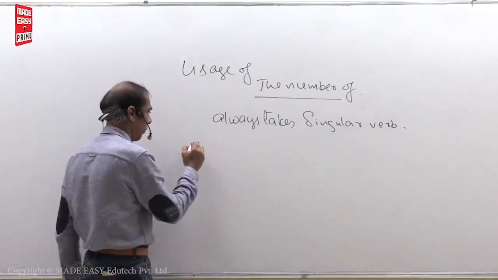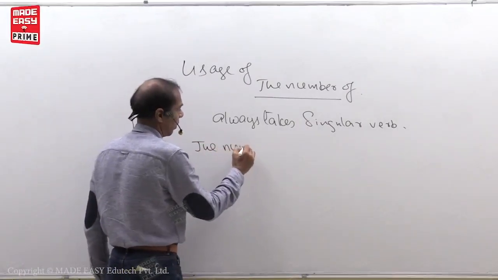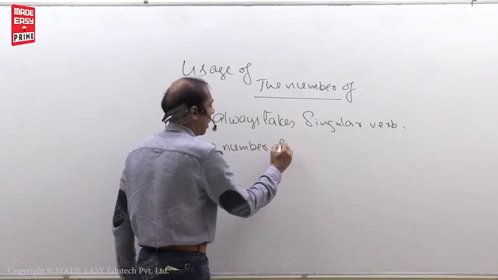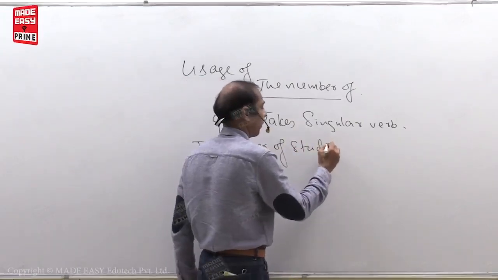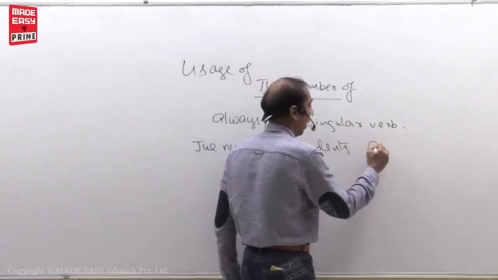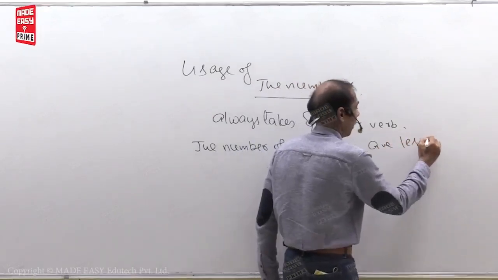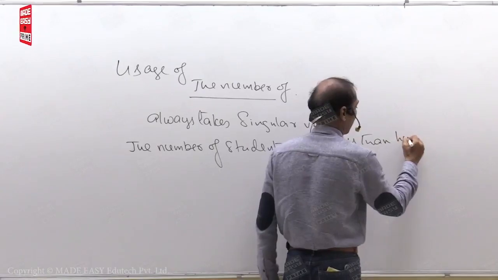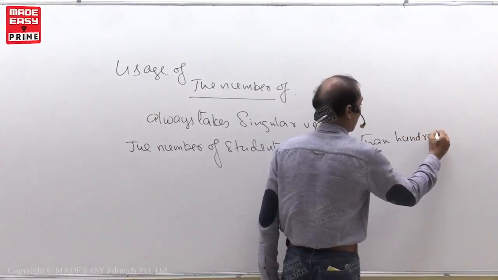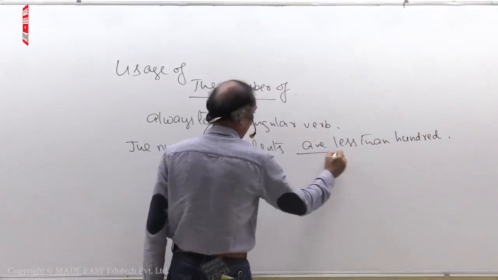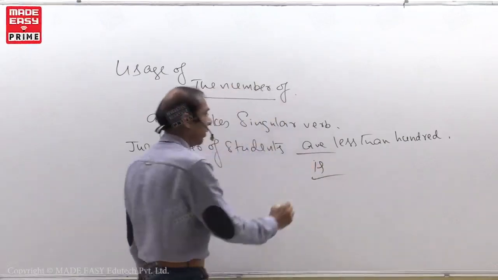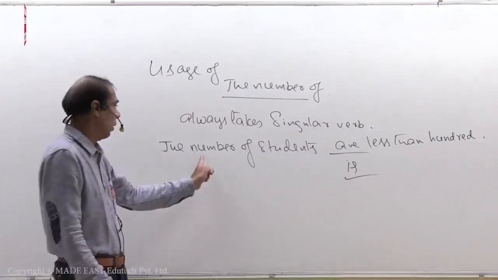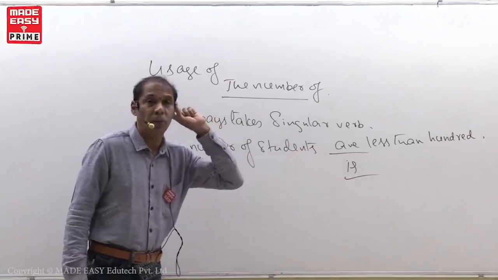For example, the number of students are less than 100: wrong. The number of students is less than 100. The number of always takes a singular verb, not a plural verb.